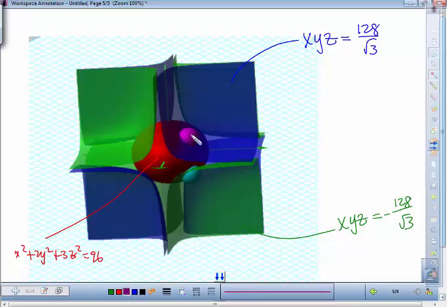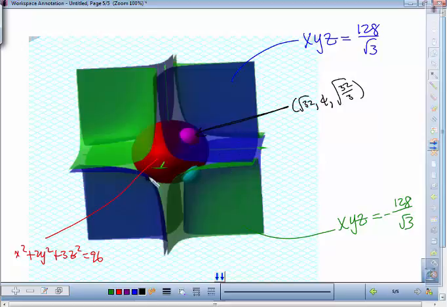And now we have found a point, square root of 32, comma 4, comma square root of 32 over 3, is one of the points.